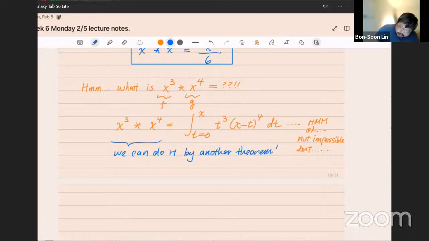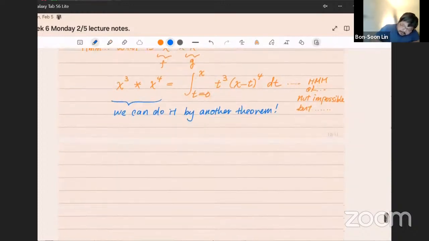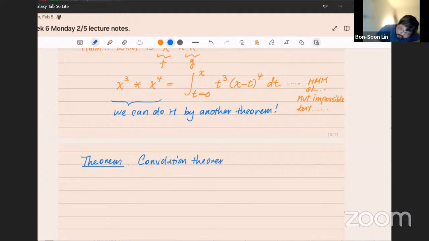Let me show you. Theorem. This theorem is called the convolution theorem. Let me write that down. So what does the convolution theorem say?